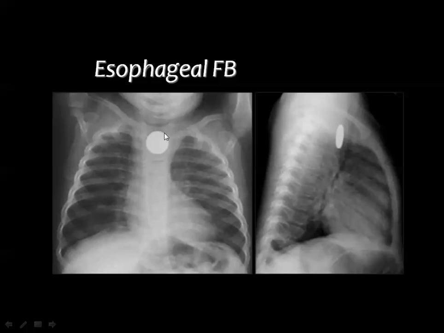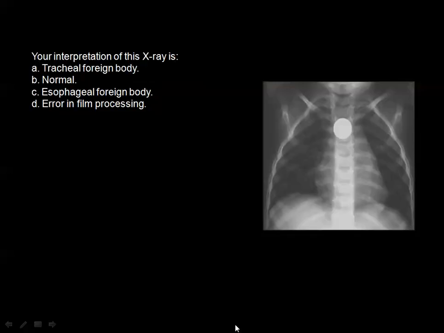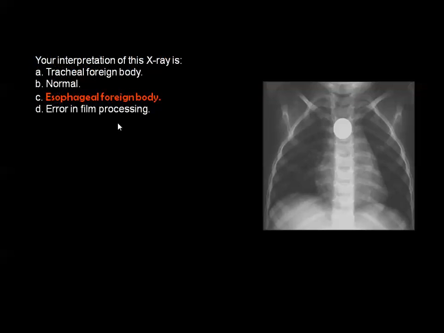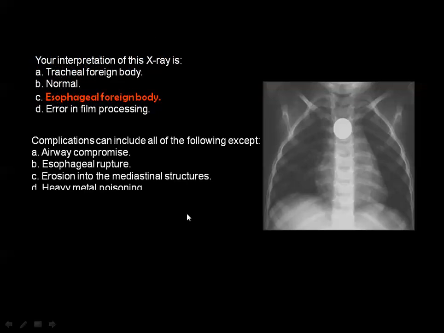Then if you see in the frontal X-ray the foreign body en face, this is an esophageal foreign body, which is confirmed by the lateral view. This is the trachea, and this is the esophagus, which is located, of course, posterior to the trachea. Then what do you think? Is it a tracheal foreign body? No, this is an esophageal foreign body.